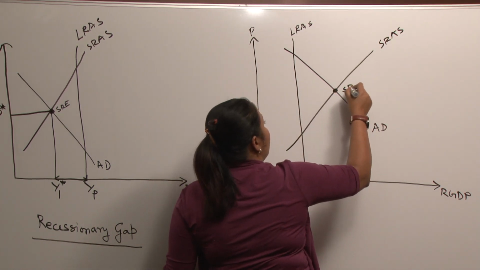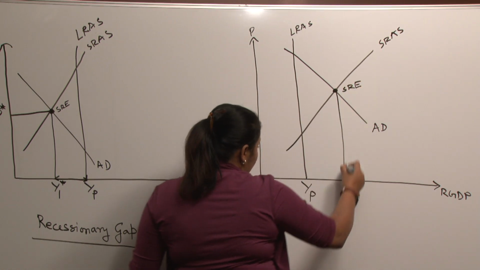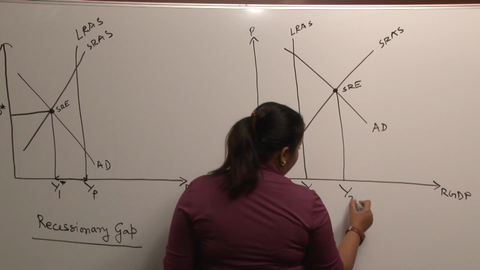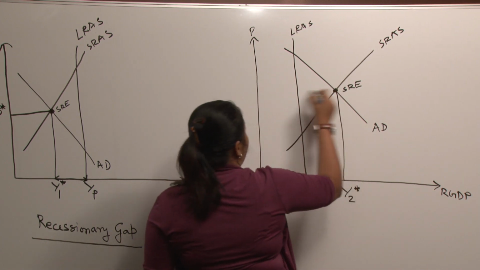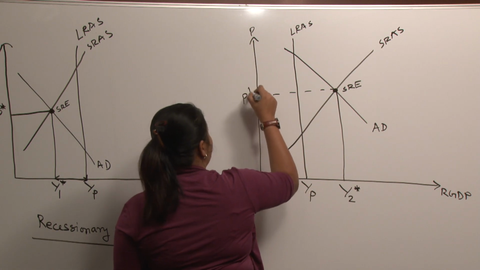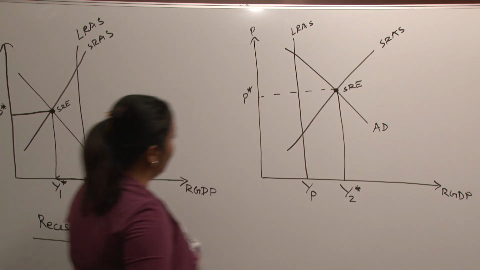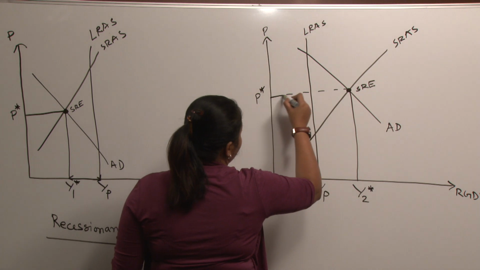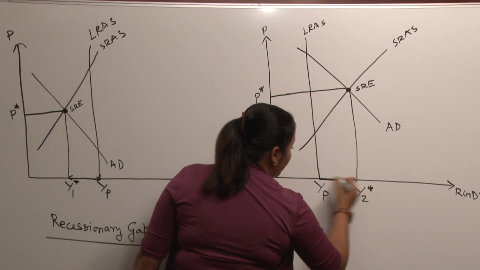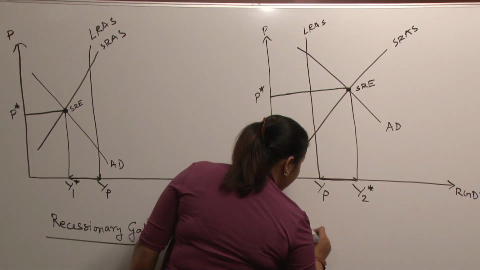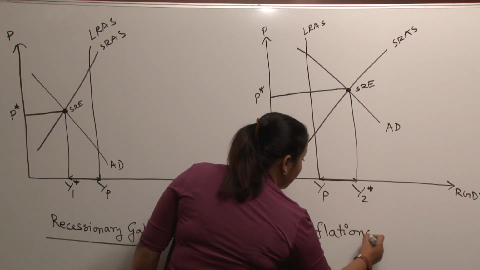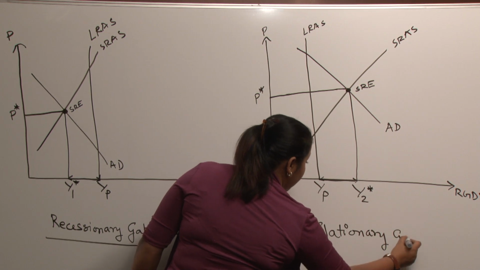So, this is the short run equilibrium, this is the actual real GDP, let us call that Y2 star, and that is the price index of the economy, let us call that P star. Once again, you can see there is an output gap obviously, and that is an inflationary gap because your actual real GDP is greater than the potential. So, that is an inflationary gap.